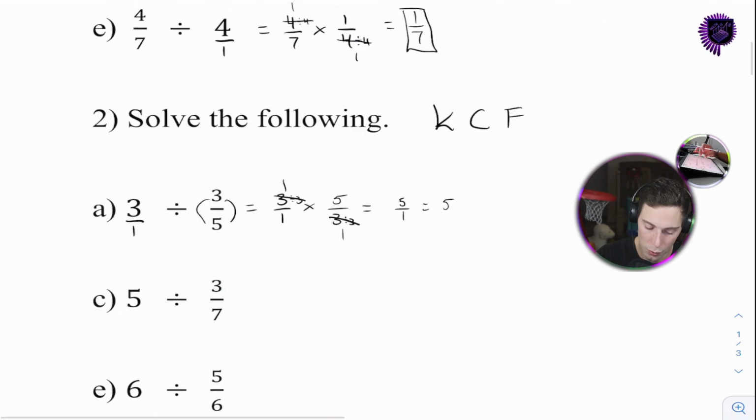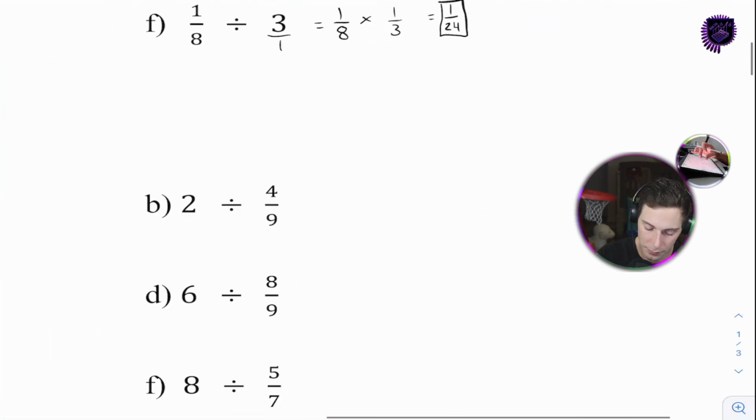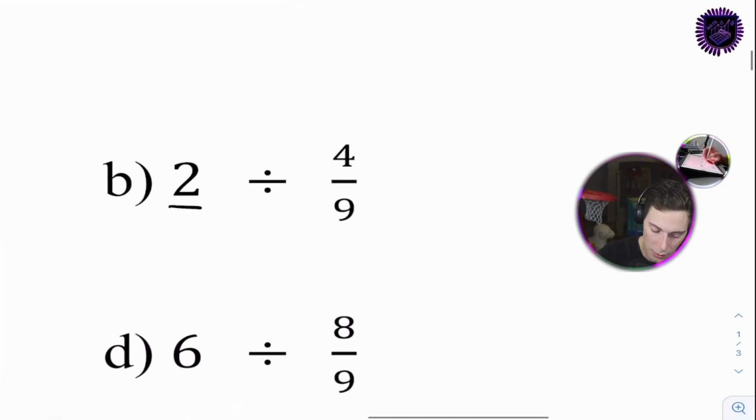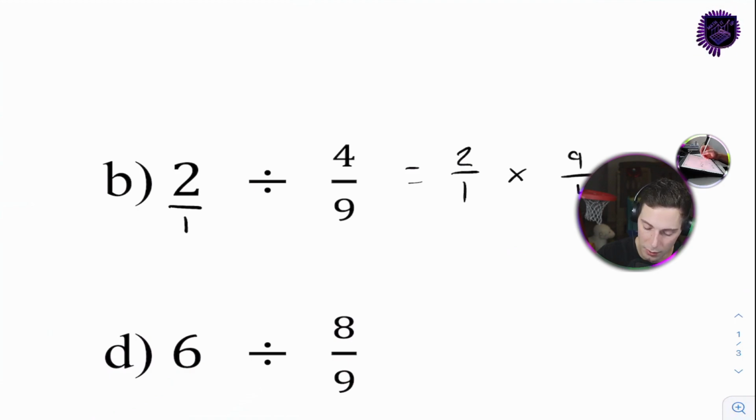Let's do 2b. 2/1. So this is going to be equal to 2/1 multiplied by 9/4. Let's factor out common factors of 2.